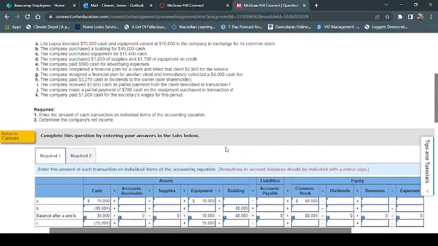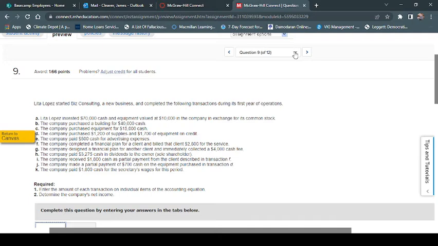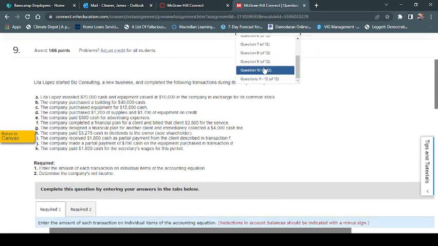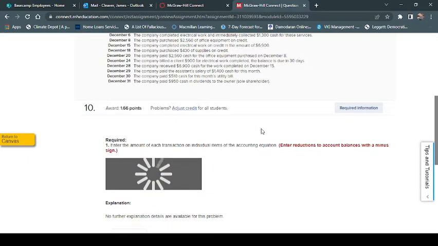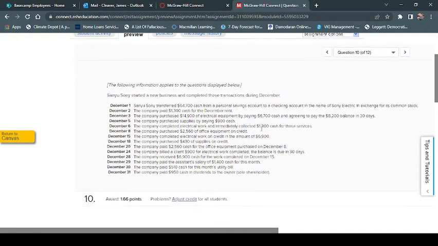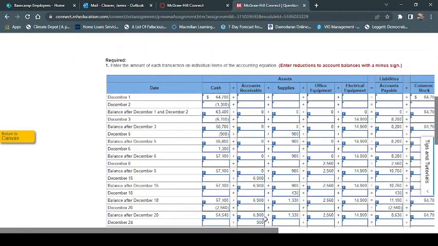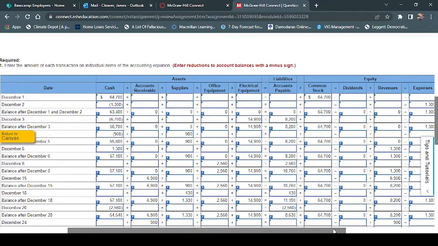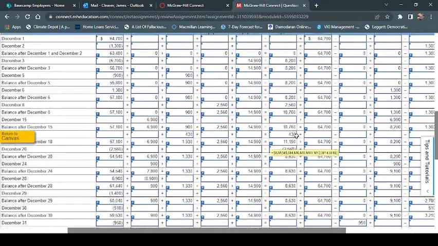And that makes sense, if you're mowing lawns or anything else, revenues minus expenses. 10. Again, same idea. Just get you to do it over and over again.